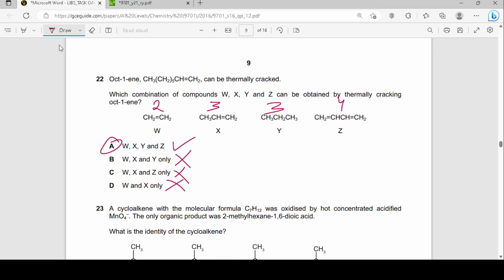So you could have any possible combination of smaller hydrocarbons, as long as they're an alkene or alkane, and shorter than 8 carbon atoms. So 2, 3, 3, 4, these are all valid.